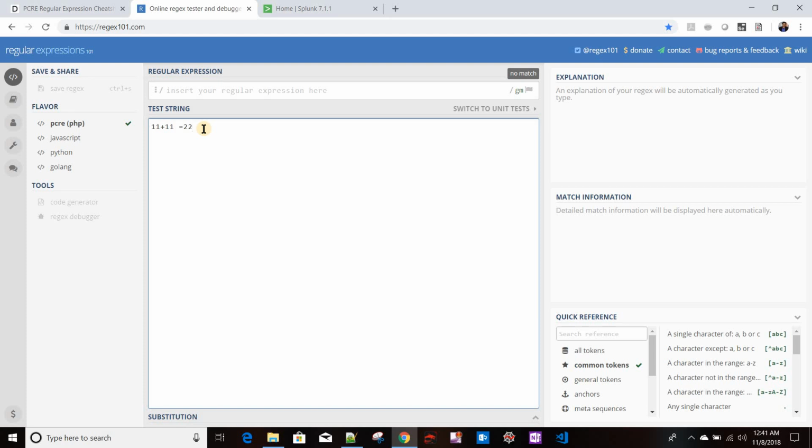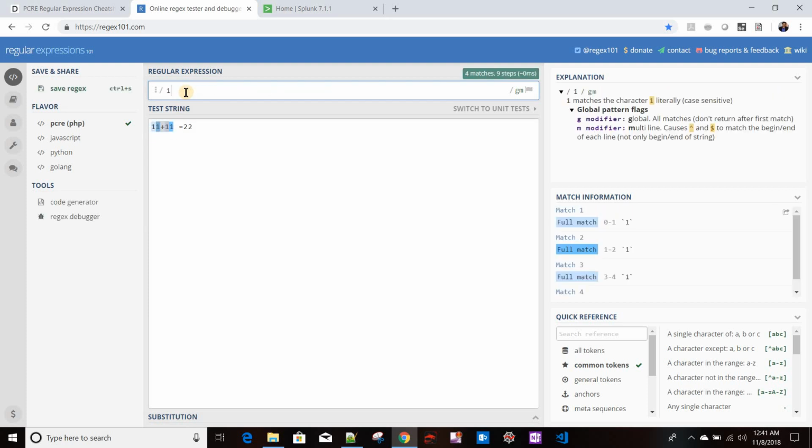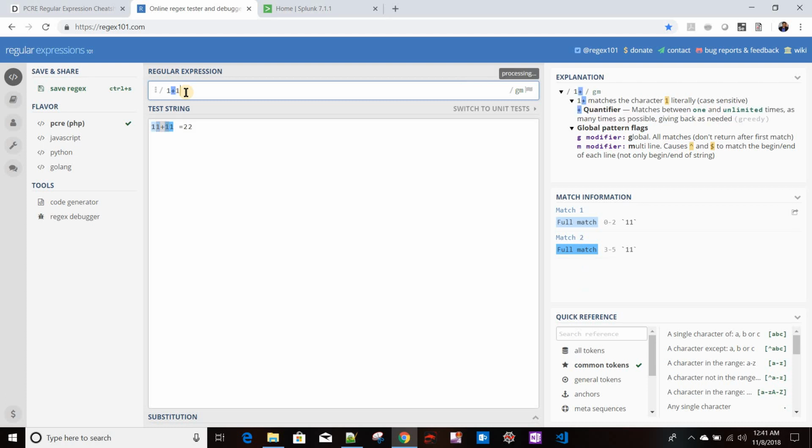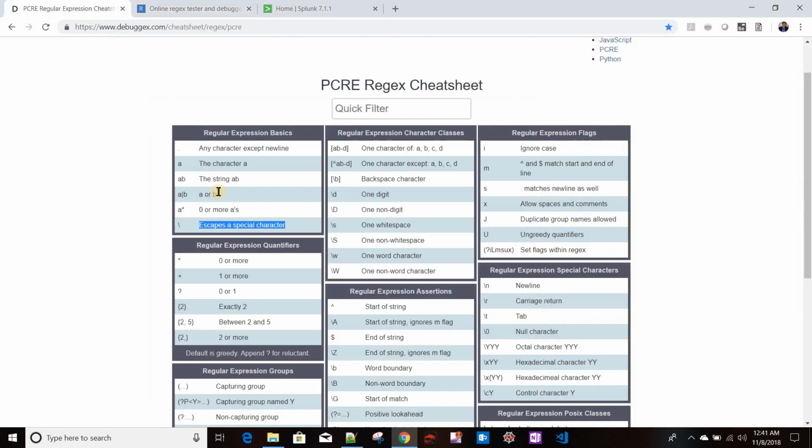Now I want to extract this string 1 plus 1 from here. So how will I do it? To match this, I will have a 1, then I will have a plus after that, then I will have a 1. Now if you see, it is matching 11, not 1 plus 1, because plus has a special meaning there.